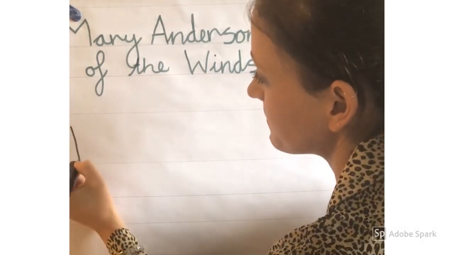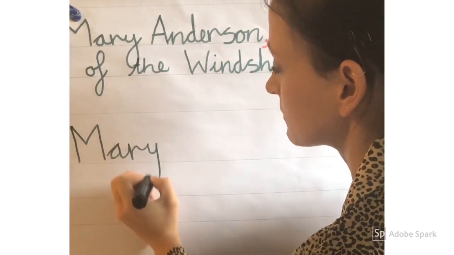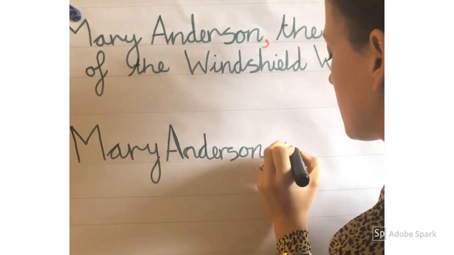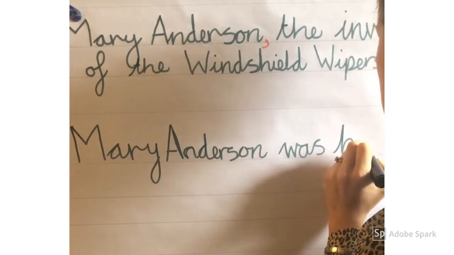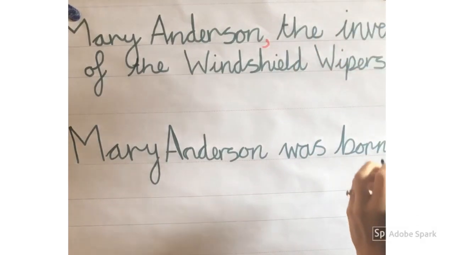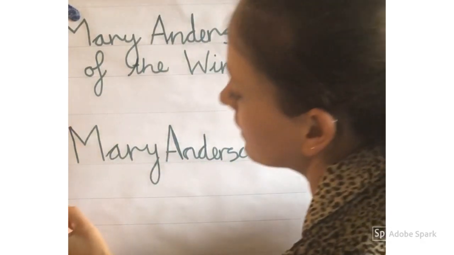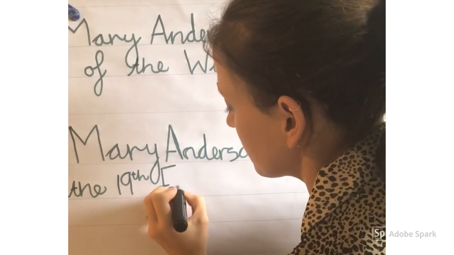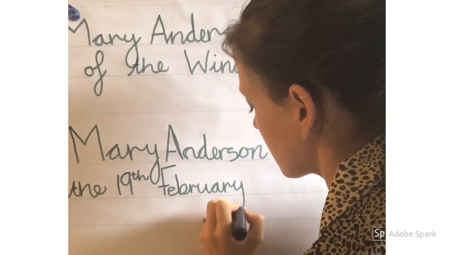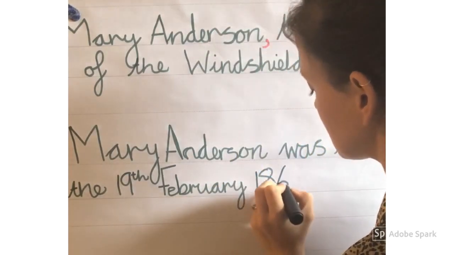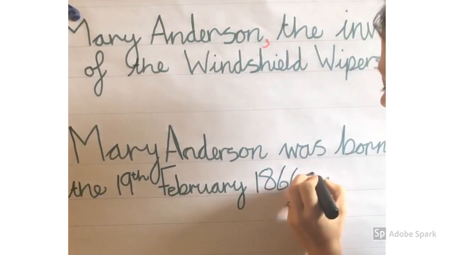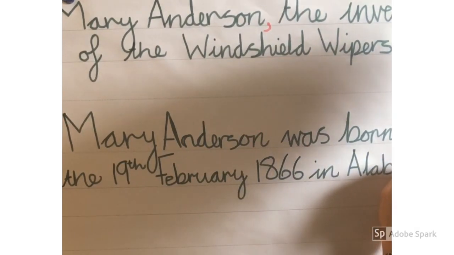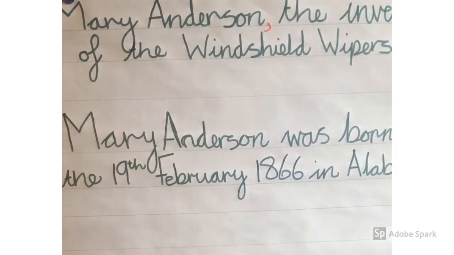So I'm going to say Mary Anderson was born on the 19th of February 1866 in Alabama, and obviously that has got a capital letter. In Alabama, which we know is in the United States.